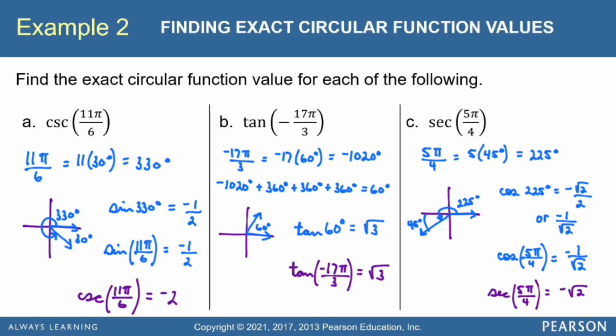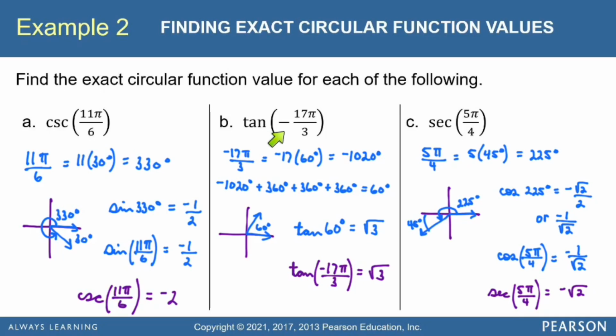Now, before we go on to the next slide, I do want to point out something useful to you. Notice that in every case, the denominator of the angle in radian form allows you to predict what the reference angle will be. So here in part A, we had 11 pi over 6. Well, pi over 6 is equivalent to 30 degrees, and 30 degrees was the reference angle.